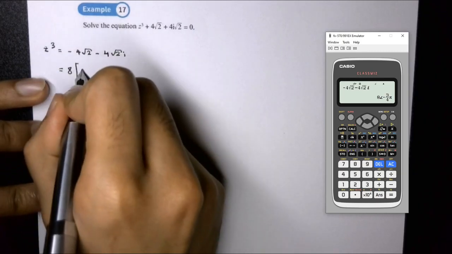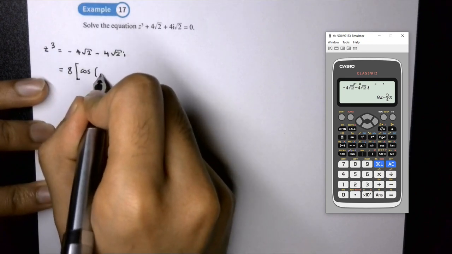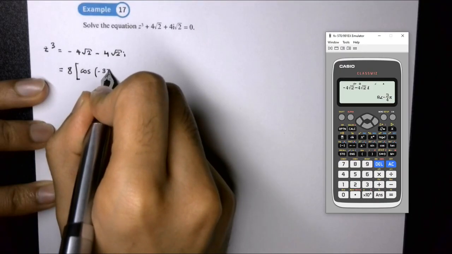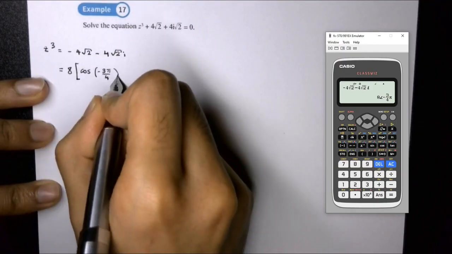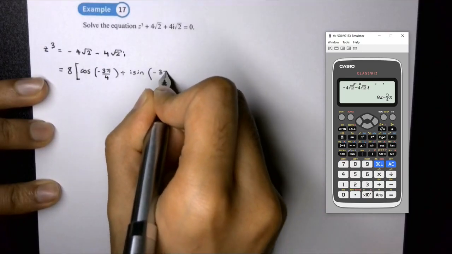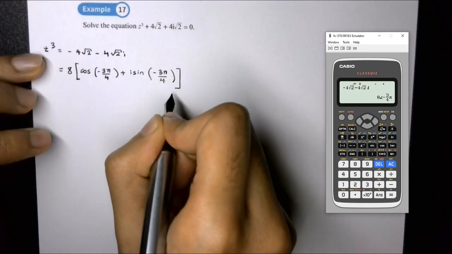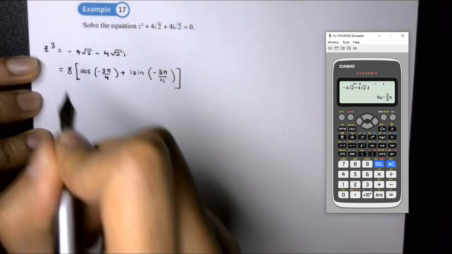So we've got 8 lots of the cosine of -3 pi over 4 plus i times the sine of -3 pi over 4. And our job is to find out what z is.